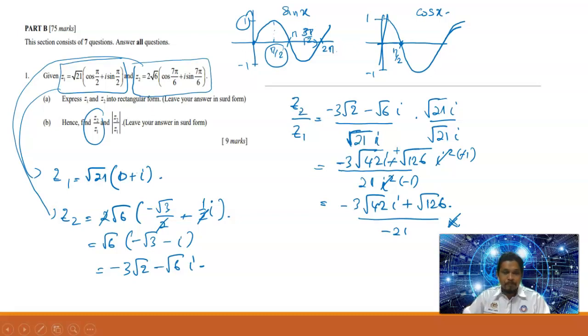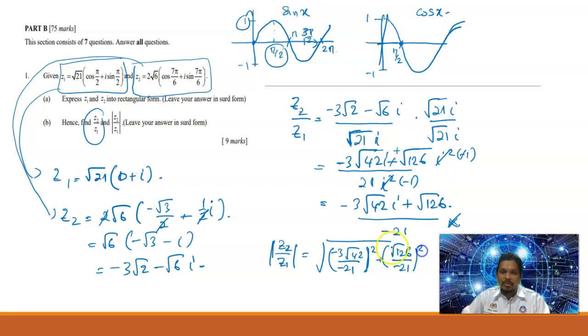Now, the modulus of Z2 divided by Z1 equals, this is the result of this. So then square root of negative 3 square root of 42 divided by negative 21, squared, plus square root of 126 divided by negative 21, squared.